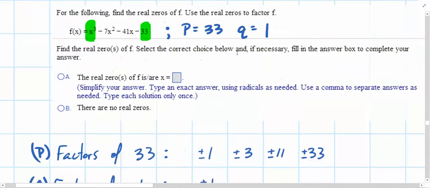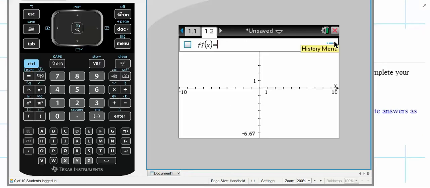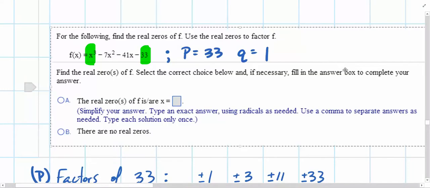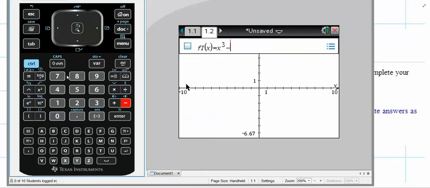And it'll be the same as the function that we have over here. So I'll write this as x cubed minus 7x squared minus 41x minus 33.